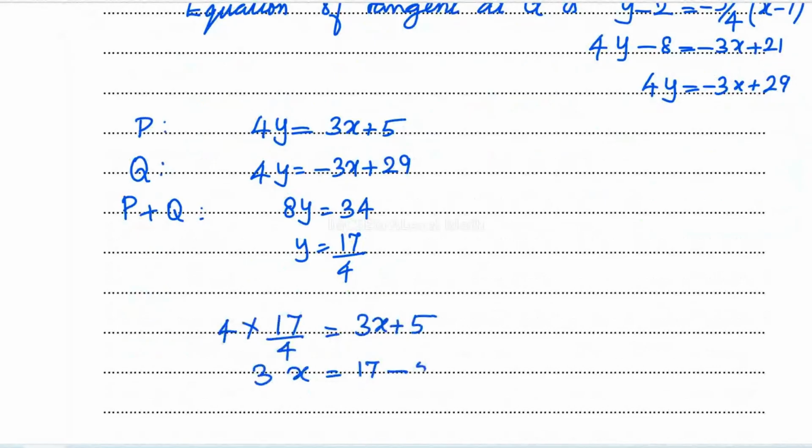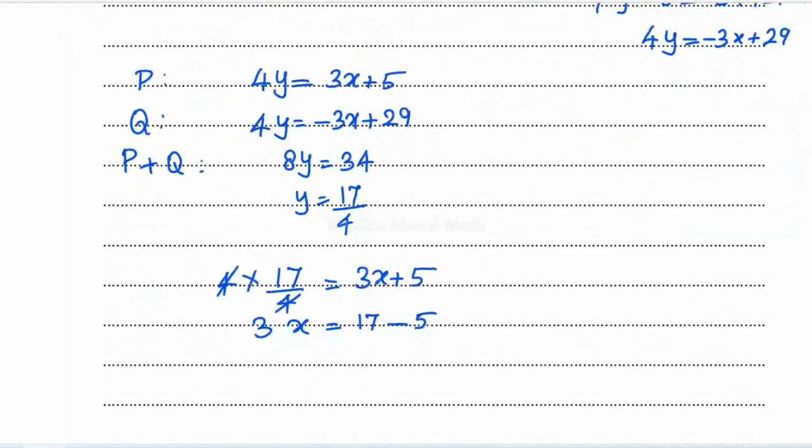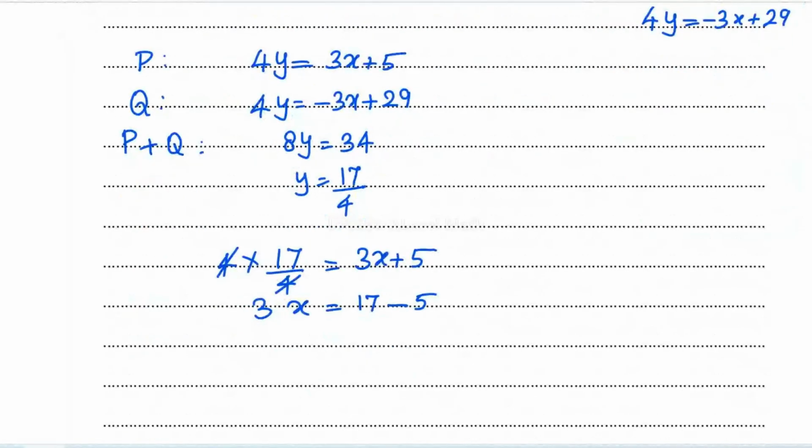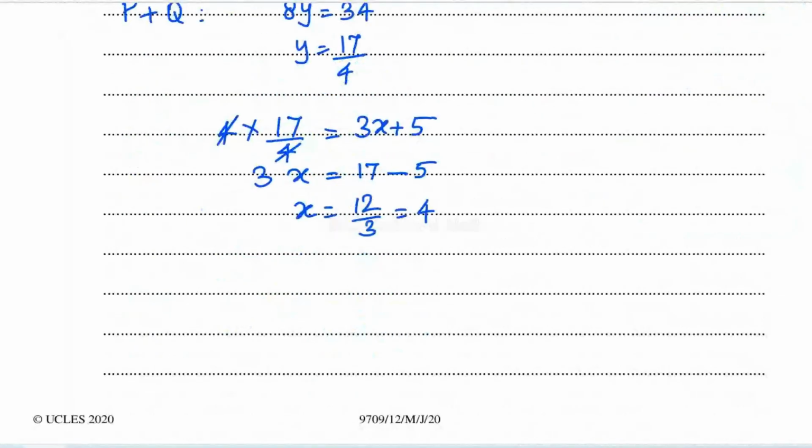So 4 get cancel, you'll get 17. 17 minus 5, which is nothing but 12. So x will be 12 over 3, which is 4. So the point T will be 4 comma 17 over 4, which is the coordinate of the point T.